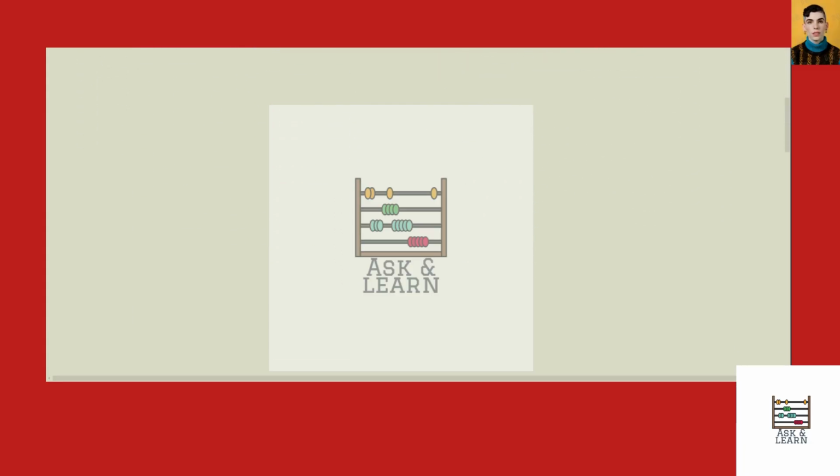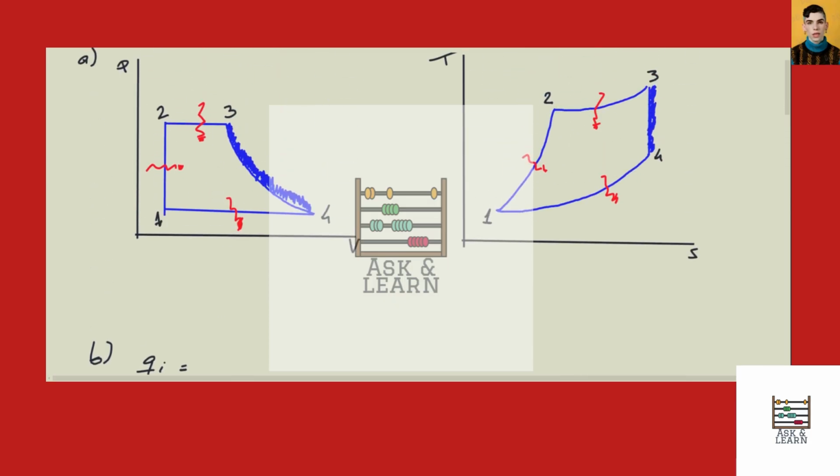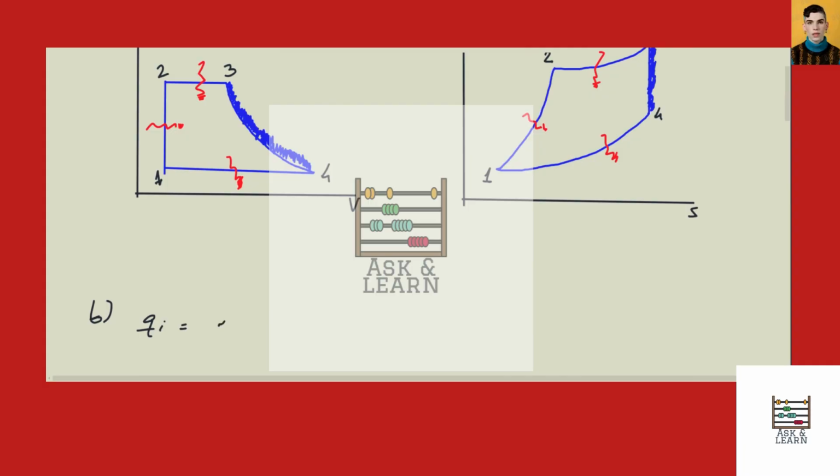Now let's see part B. What we want to find in part B is the heat input. So the heat input Qi, if we look in the diagram, is going to be the heat from 1, 2 plus the heat from 2, 3.